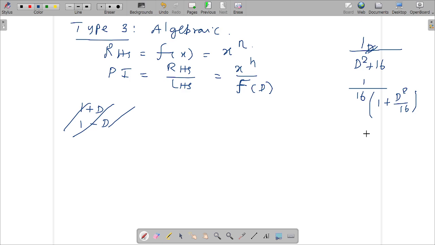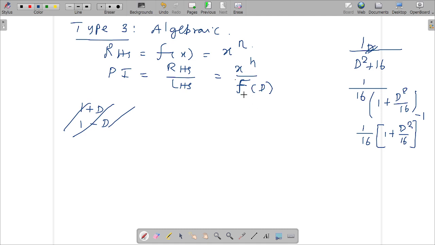If I take that constant outside, it is in the format of 1 plus D, 1 minus D. Then we write this as 1 by 16, 1 plus D square by 16 whole power minus 1.